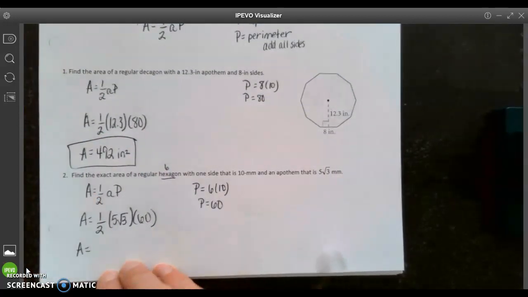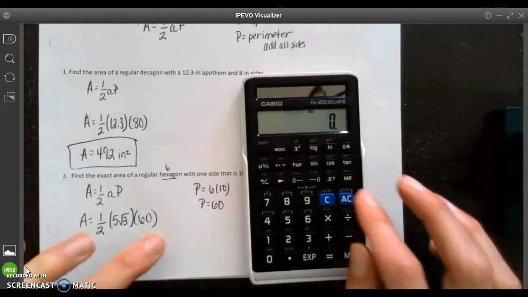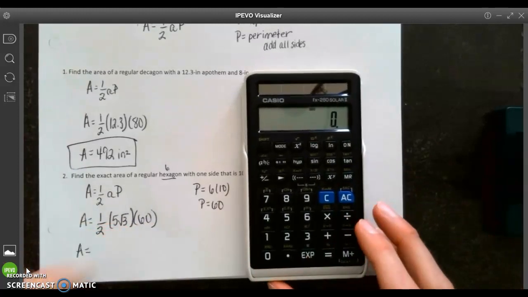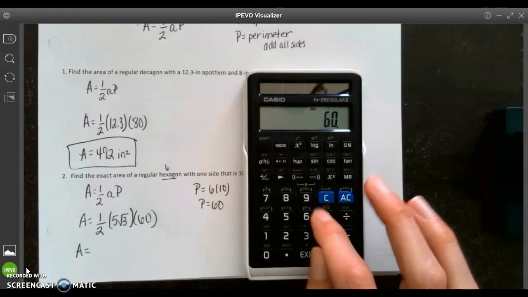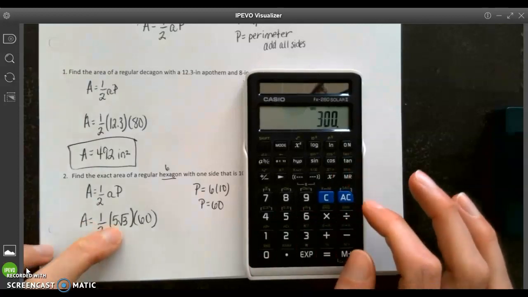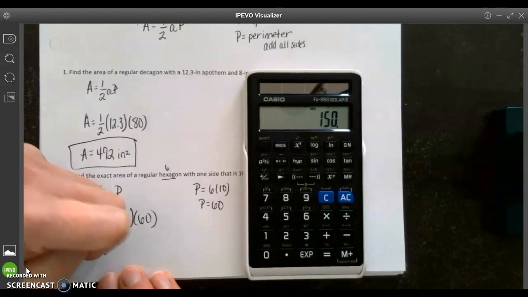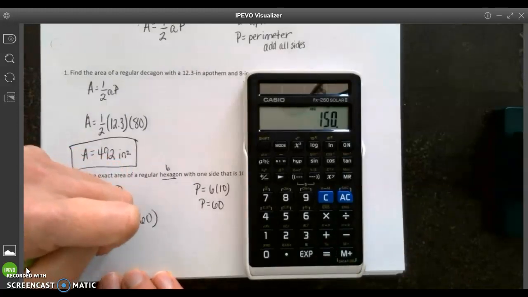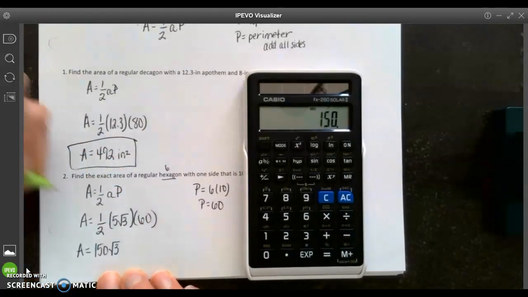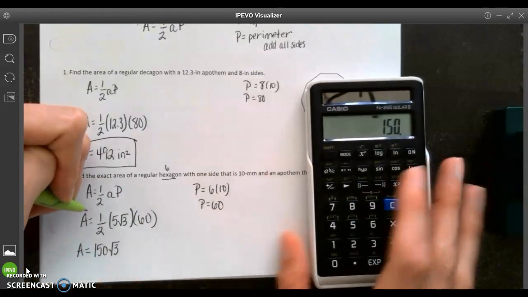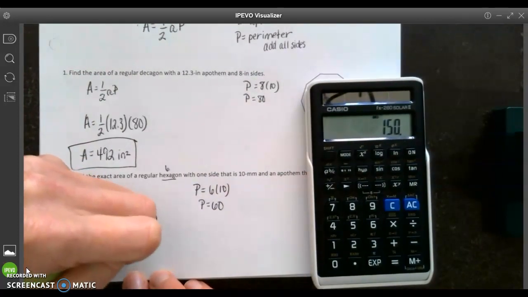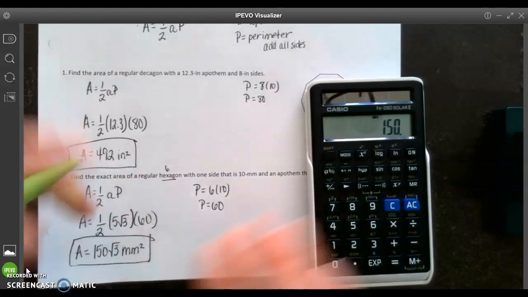So area equals, first we're going to take 60 times 5. I'm going to leave the root 3 alone for right now. 60 times 5 to get 300. I want half of that, so I'm going to divide by 2 to get 150. That root 3 we haven't touched yet. It's coming down to be part of the answer. 150 root 3. And our units is millimeters, so millimeters squared for our area.